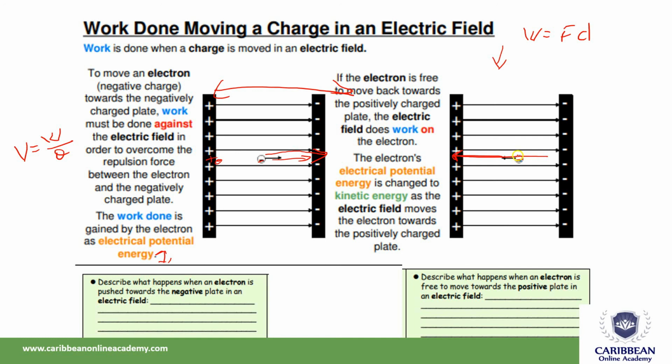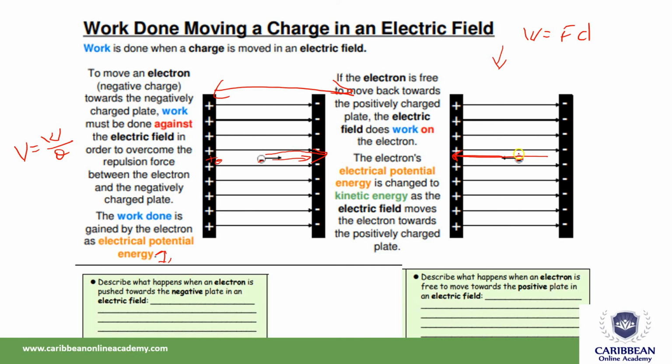as the electric field moves the electron towards the positively charged plate. So imagine that you move the electron from the positive to the negative, and you stop moving it at that point. What you would realize happening is that once that electron is free to move inside of the electric field, that negative electron is going to move towards the positive side due to the electric field.